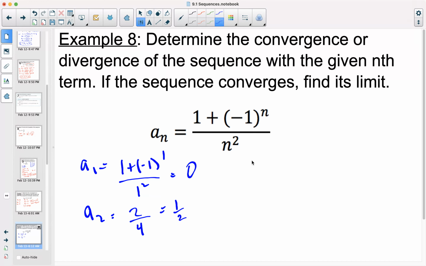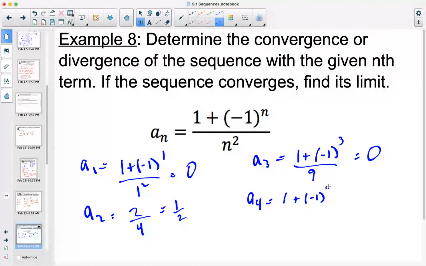That's 1/2. The third term, 1 plus -1 to the third over 9, that's going to be 0 again. The fourth term is going to be 1 plus -1 to the fourth over 16. That's going to be 2 over 16, which is 1/8.